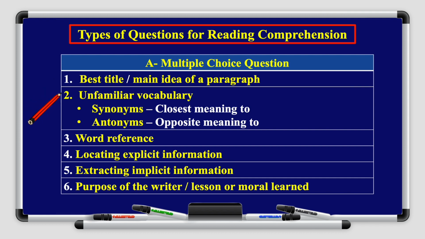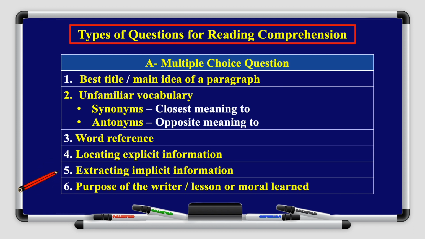You would either choose what's the closest meaning to that word or the opposite of that word. I would give you a pronoun, for example, it, and what does this word refer to? So word reference. Number 4, locating explicit information, meaning what? You know this, we have to look for the answer that is just clear in the text. You will just copy it or you would know the answer automatically.